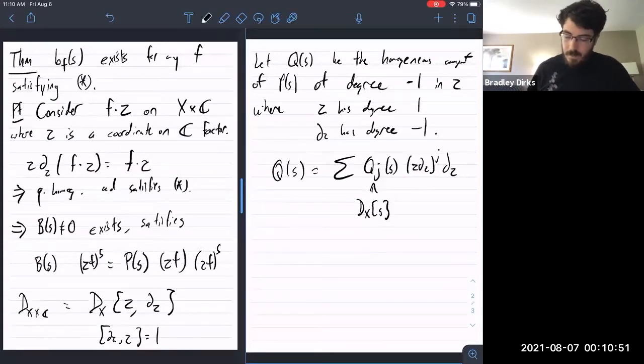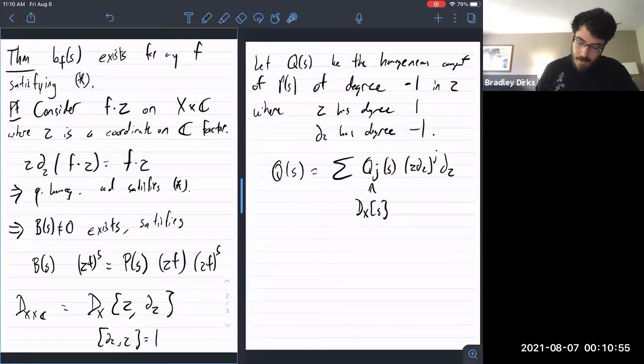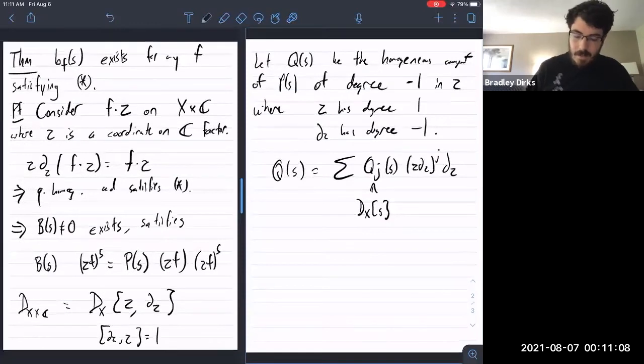Okay, so we look at this, and then on the right-hand side there's this extra z term. Because of this extra z here, the only equality that we really care about is the one concerning this homogeneous component of degree -1, the one that gets rid of that z term.